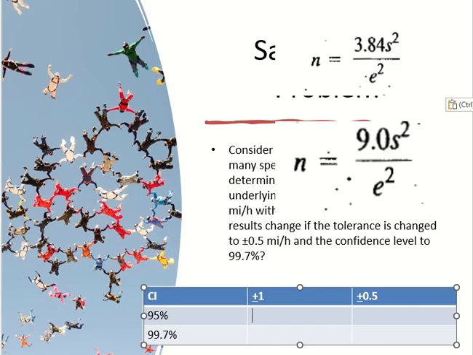So for 95 confidence level and 1 error, 96. For 0.5, then it's 384. Same confidence, right?